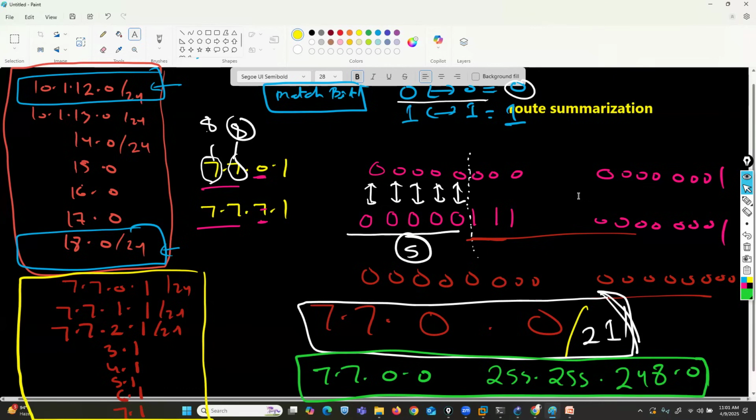Okay, and here is matching. Match. Match. All matching.